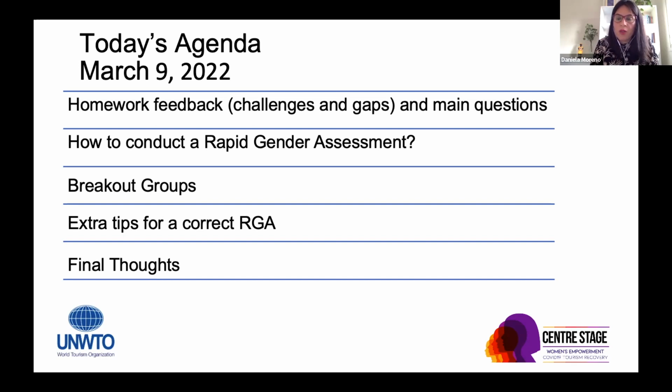And then I'm going to offer you some extra tips for a correct rapid gender assessment in tourism. I'm going to share with you very practical tips that I have learned during my professional career. And then final thoughts, and then we wrap it up and finish the workshop.